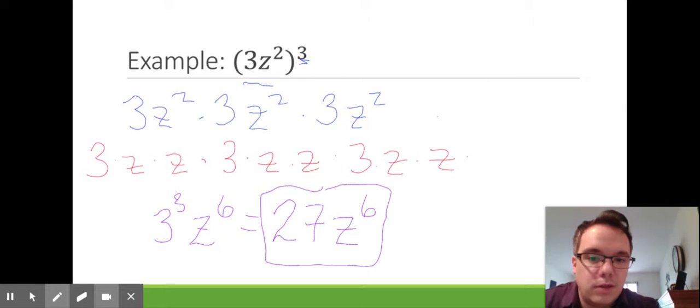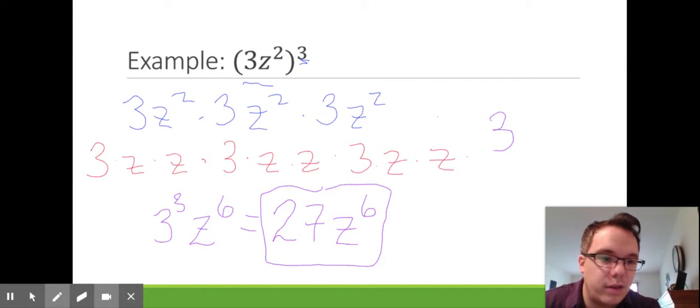If you can't do 3 times 3 times 3 in your head, you're going to go ahead and put it in a calculator. You're going to use the caret button. So there's a button above the division symbol that looks like that. And so you're going to put 3 caret 3 and hit enter.